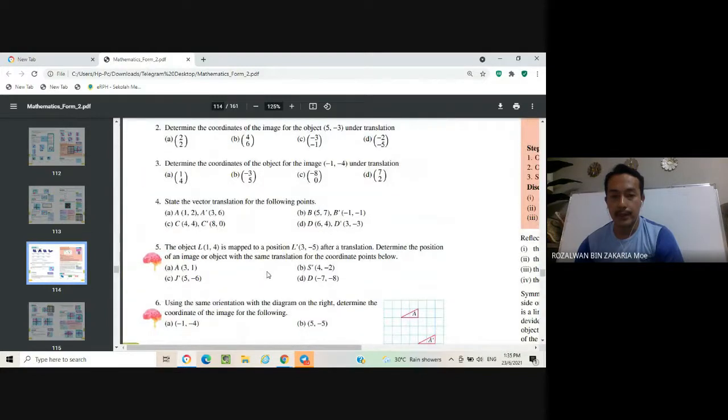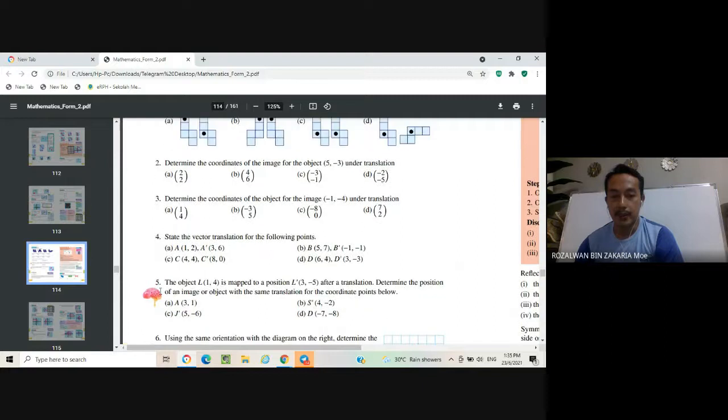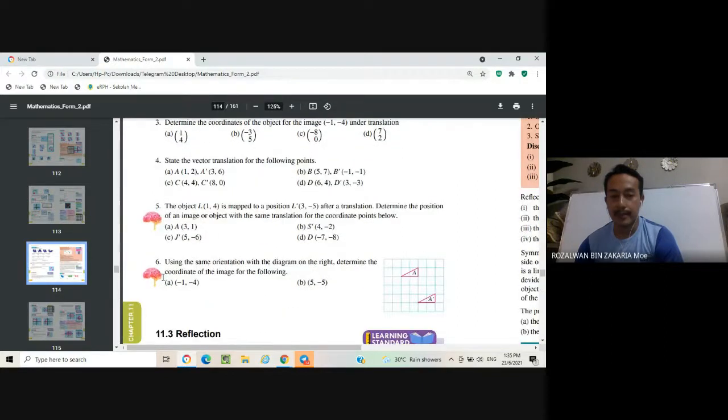Please do questions 5 and 6 in your mathematics exercise 2. If you have any problem doing this exercise, you can ask me in the Telegram.